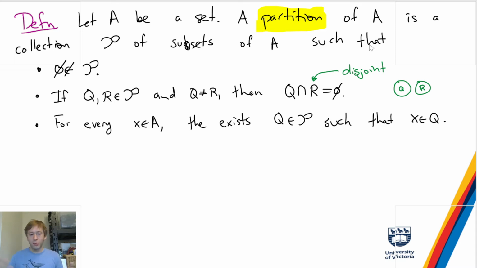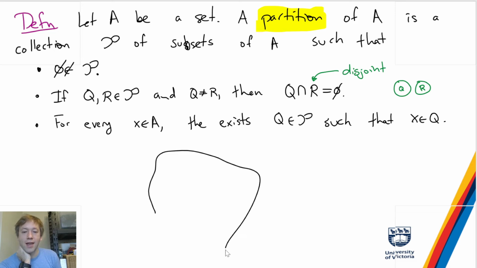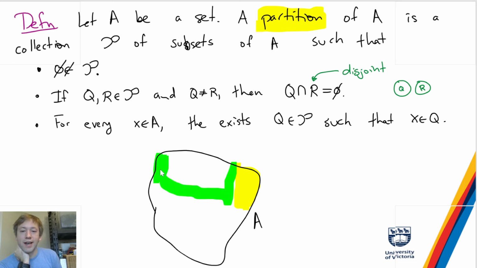Okay, so the way you should think about this is kind of like this. You've got some set A, and a partition just means that you're going to break up the elements of A into separate classes. So you've got one class, which is, let's say, the things in the yellow set, and you've got the green set. I'm not sure if this picture is helping or not.